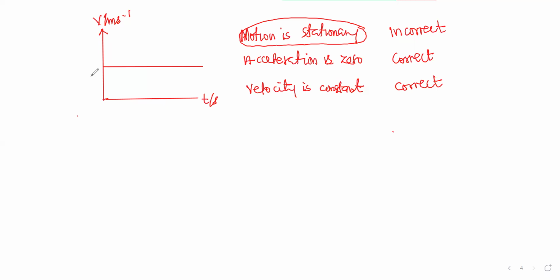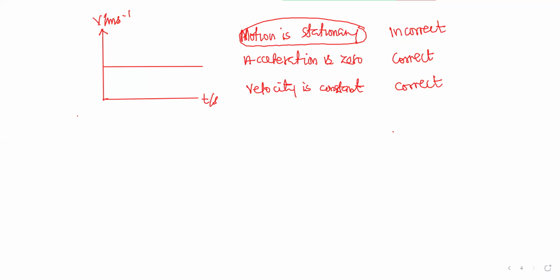If acceleration is 0, then technically it means that the body is moving with constant speed or uniform speed. It's similar to somebody running a long distance event, and when the whistle went, beep, he started with a particular speed and was able to maintain the same speed till the race ended.